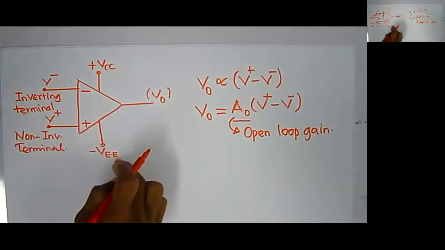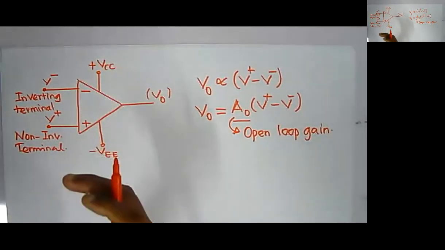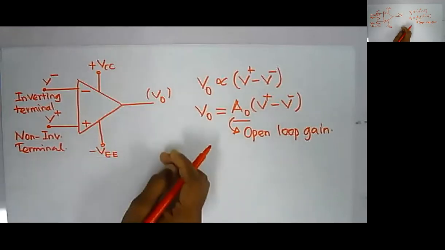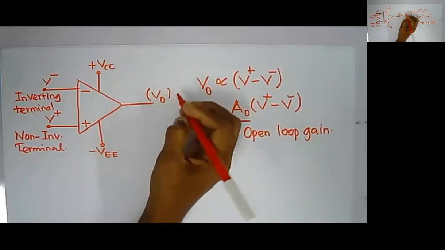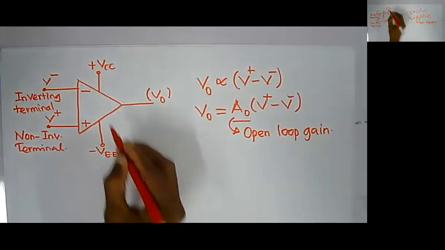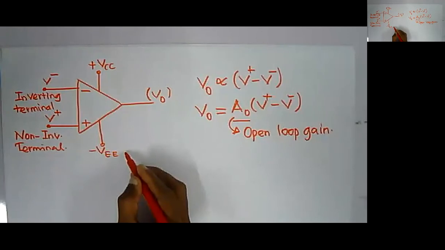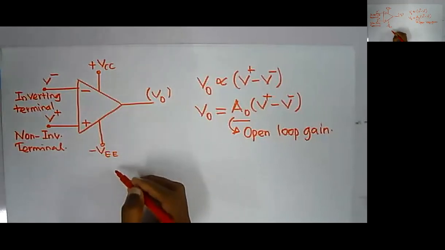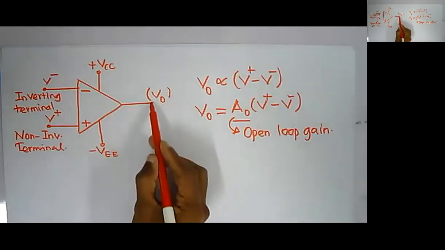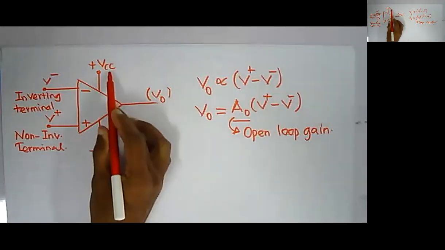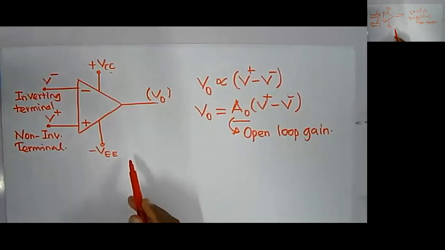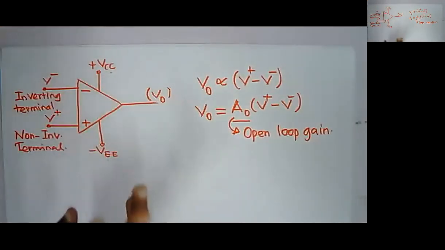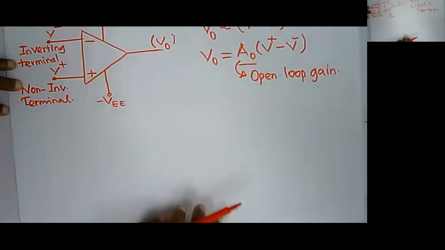These are the two power supplies given to the operational amplifier. So V out cannot exceed plus VCC or go beyond minus VEE. Under theoretical conditions, the maximum voltage at V out will be VCC and the minimum will be VEE. It cannot go beyond those values.